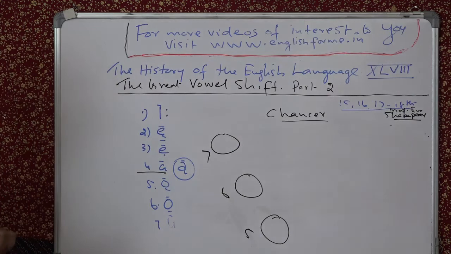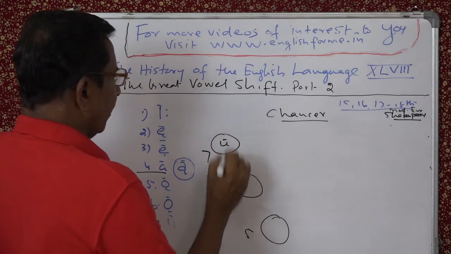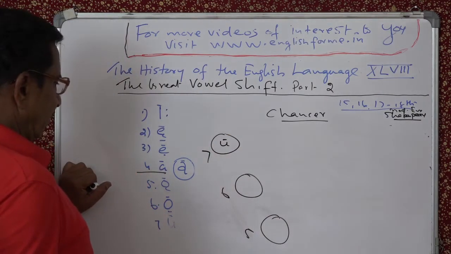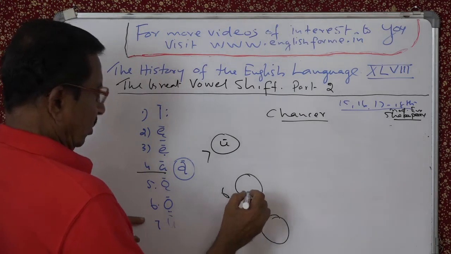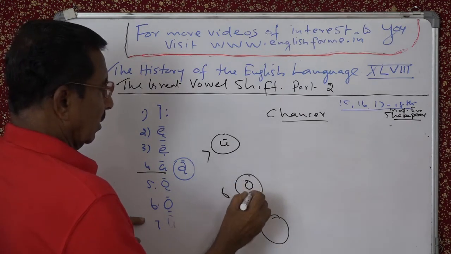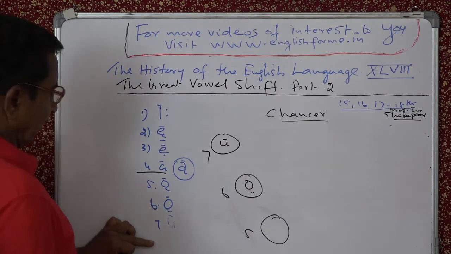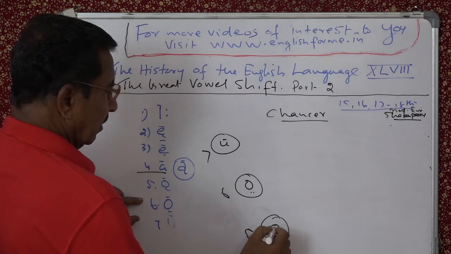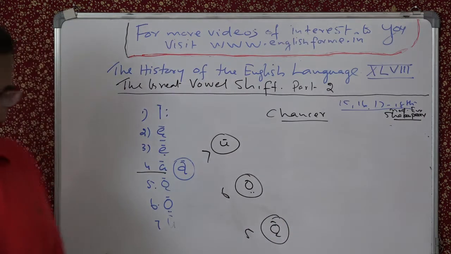Alright. So the 7th vowel we know. That is oo. The 6th vowel is this, and the 5th vowel is that. So this is how it is.